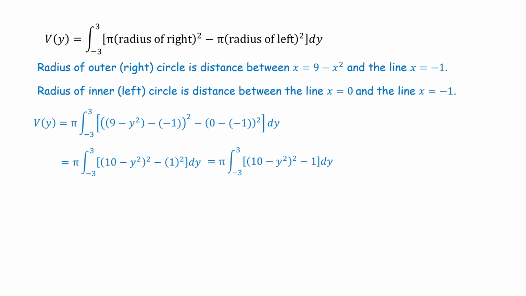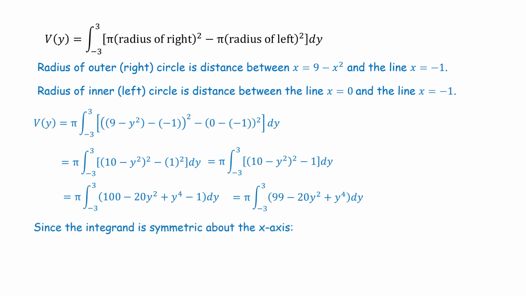We can multiply that out, and we'll get pi times the integral from -3 to 3 of 100 minus 20y squared plus y to the 4th, minus 1. Now subtract 1 from 100, and this integral becomes pi, the integral from -3 to 3 of 99 minus 20y squared plus y to the 4th dy.